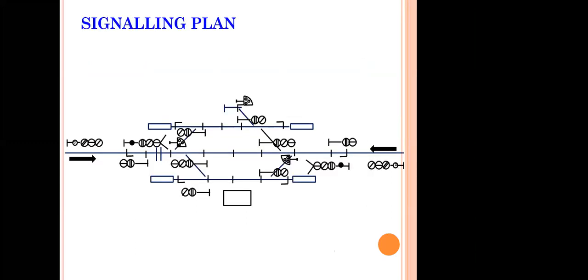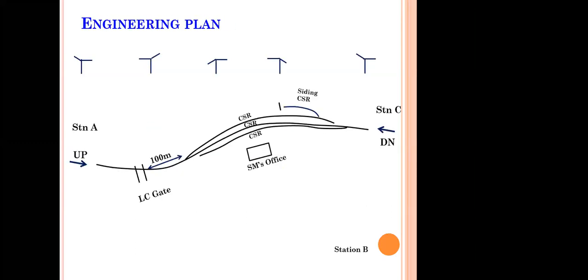These are the gradient posts which define what the gradient is in the station atmosphere or in the vicinity of the station. You will be learning in more detail up to what distance I need to take the gradients. So these details will be taught in the detailed course.